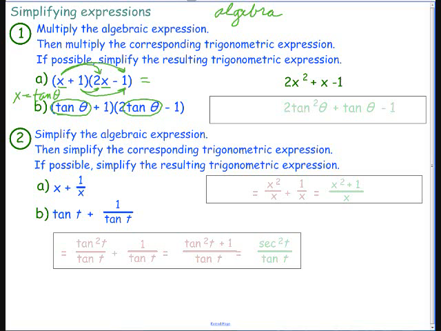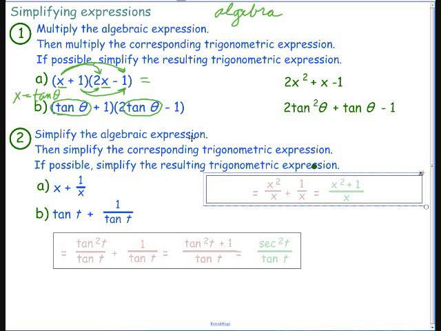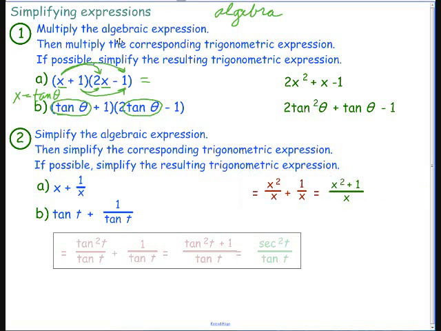So I could do the algebra, and then it makes this piece easy, because now I just take all my x's and put in tangent. So instead of 2x squared, I have 2 tangent theta squared plus tangent theta minus 1. I'm going to do the same thing with this. We will use algebra first.